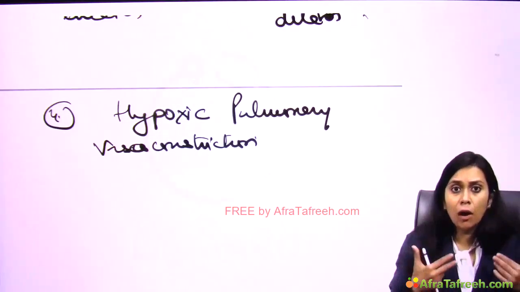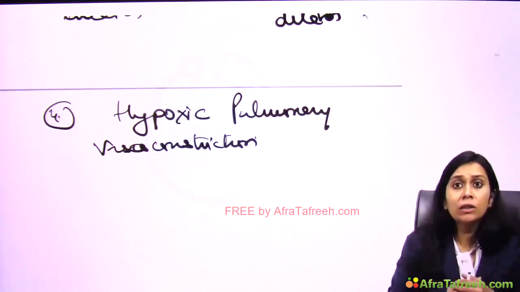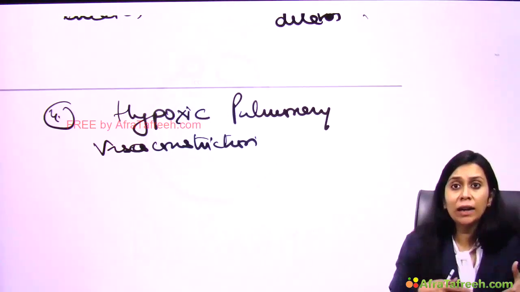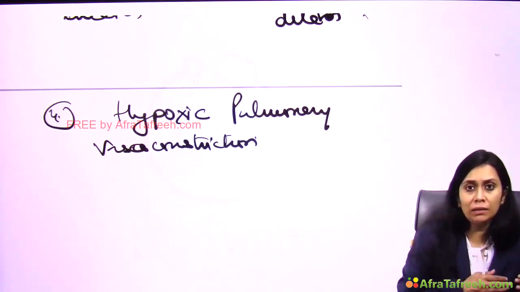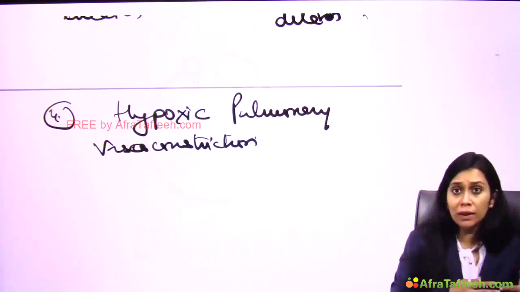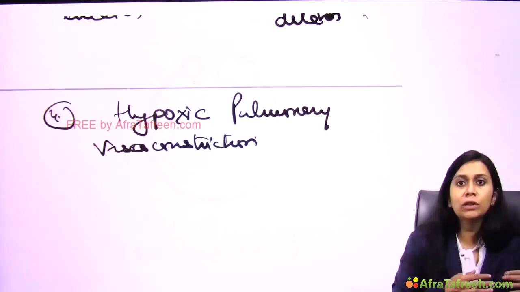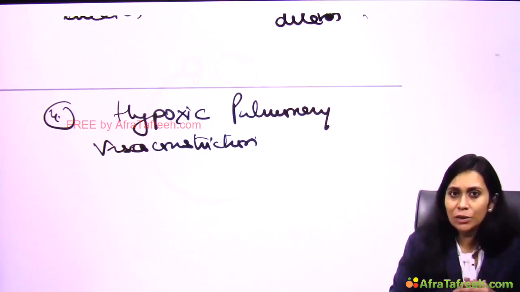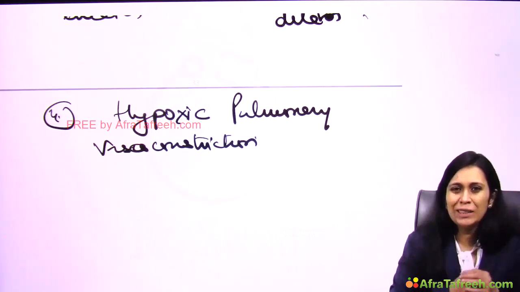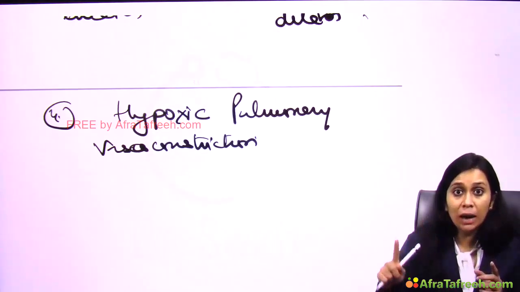Guys, each alveolus in our lung does not get uniform ventilation. Alveoli which are better ventilated are better perfused. Poorly ventilated, that is hypoxic, vasoconstriction, poorly perfused. So it's a good reflex, and this good reflex is blunted by inhalational agents, but maintained by IV.